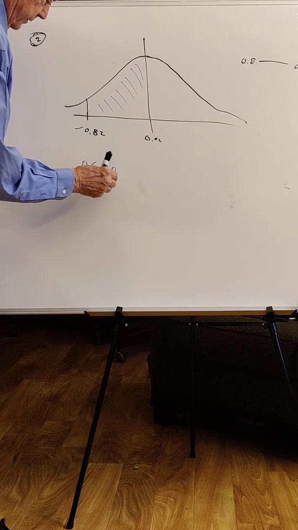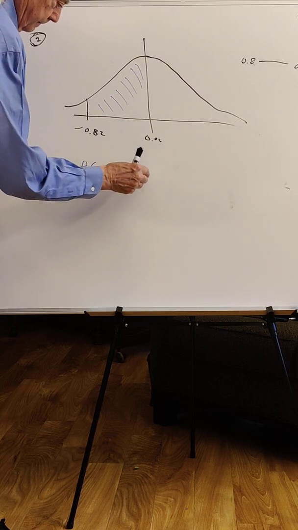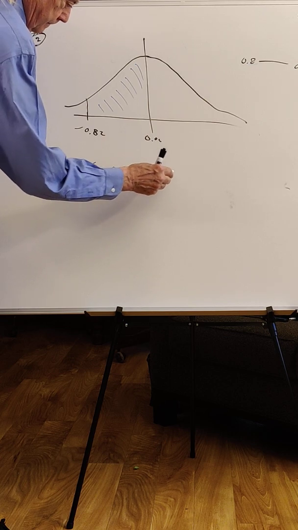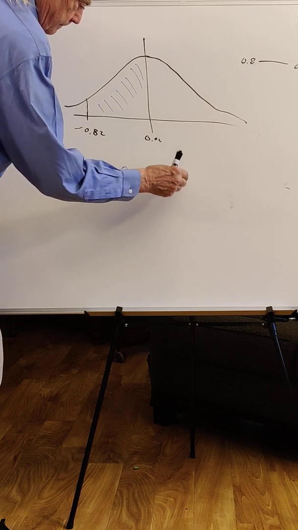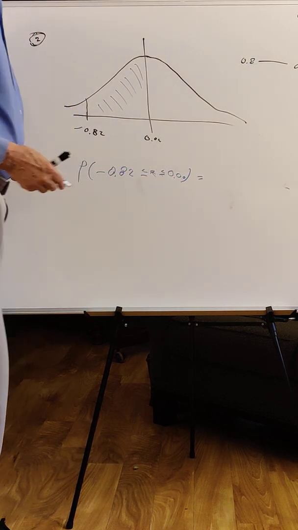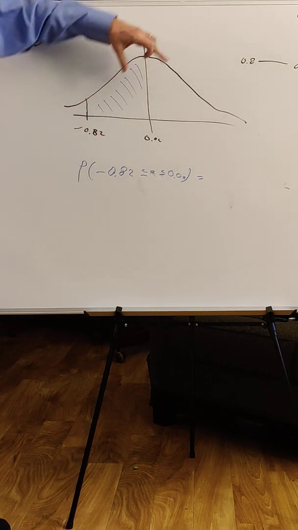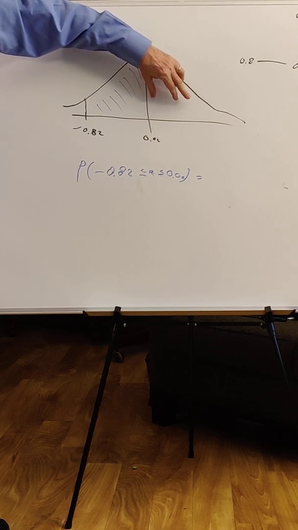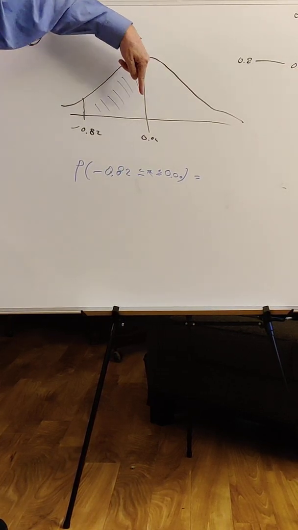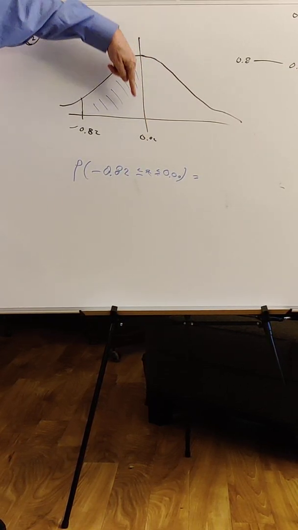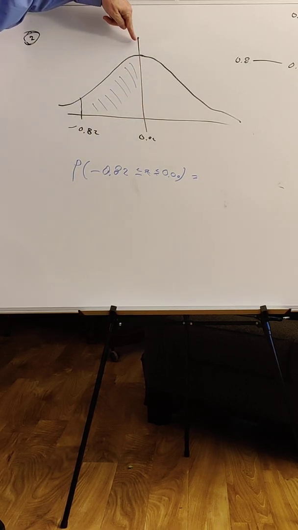Minus 0.82 to 0. Well, do you see that the curve is symmetrical? The region that we had previously, this is just its mirror image if you think of the vertical axis as a mirror.